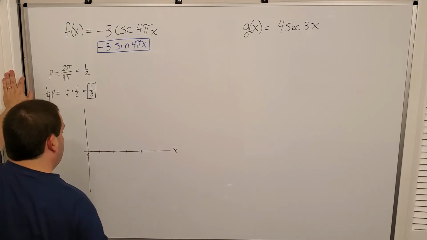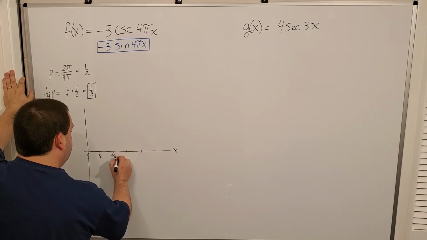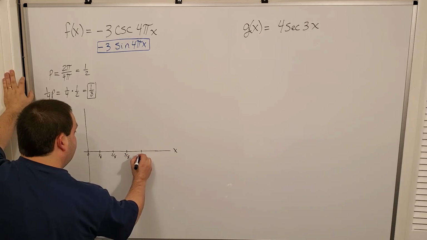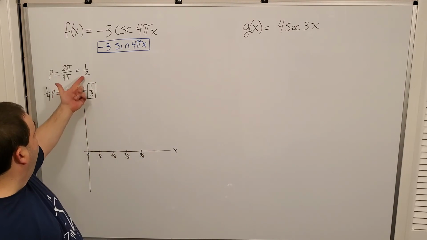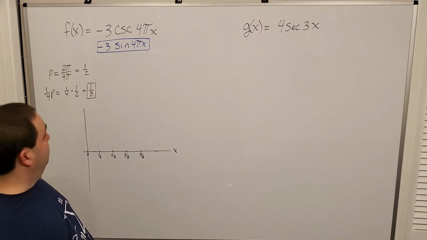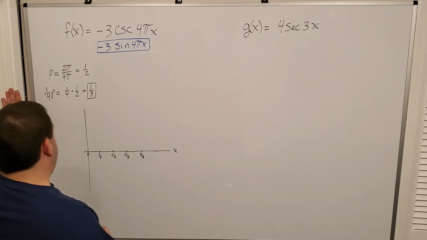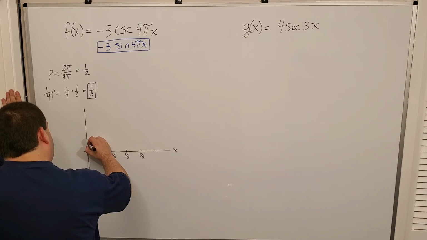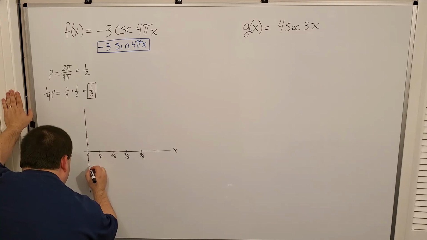So 0 plus 1/8 is 1/8, then 2/8, then 3/8, then 4/8. And 4/8 is 1/2, which we know to be a period of this particular function, right? Okay, my amplitude is 3, so let's go ahead and mark that in. I'll go 3 above and 3 below.